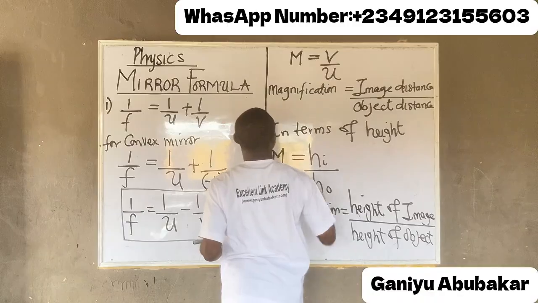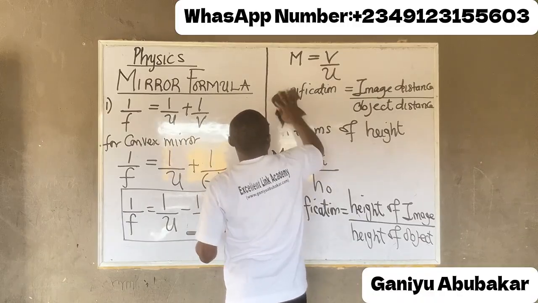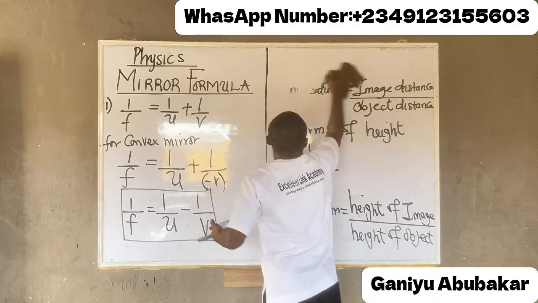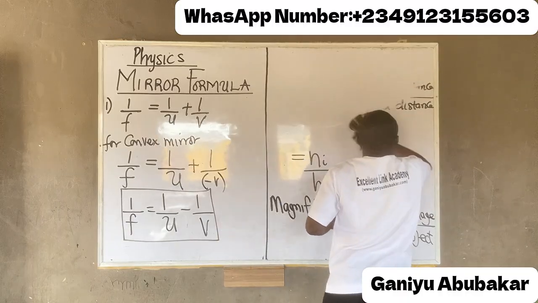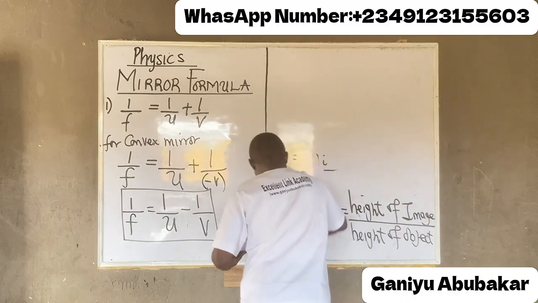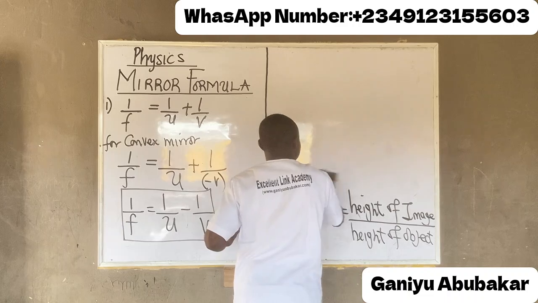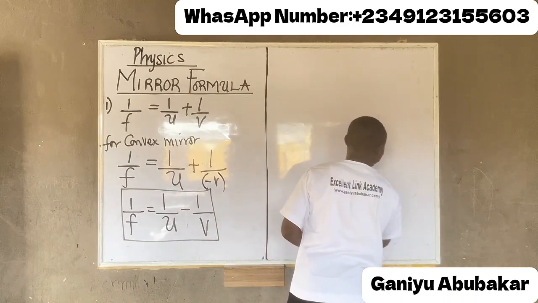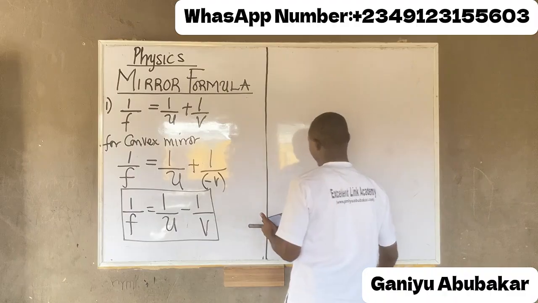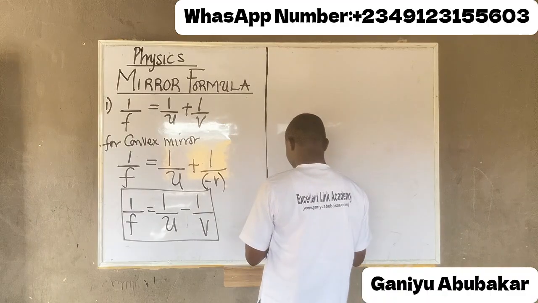What do I mean? All right, let's explain number 3. What do I mean by that expression? I said a convex mirror gives you a virtual, erect and diminished image, right?